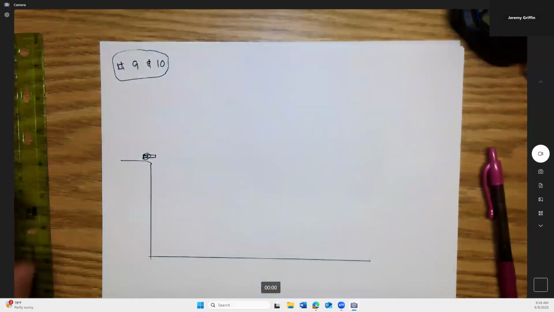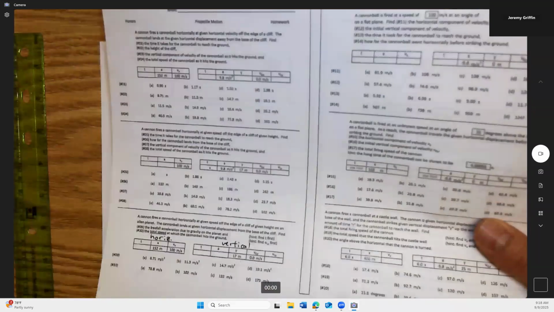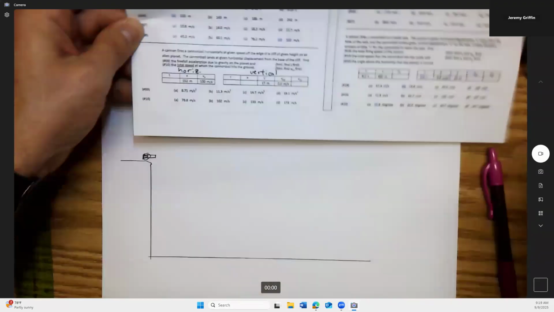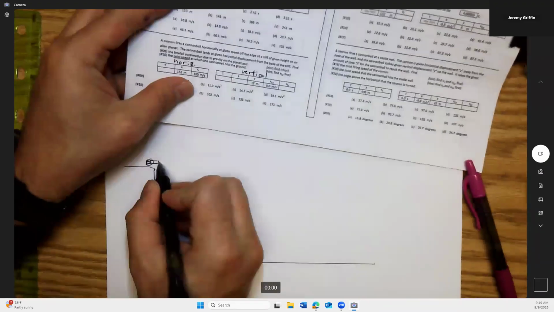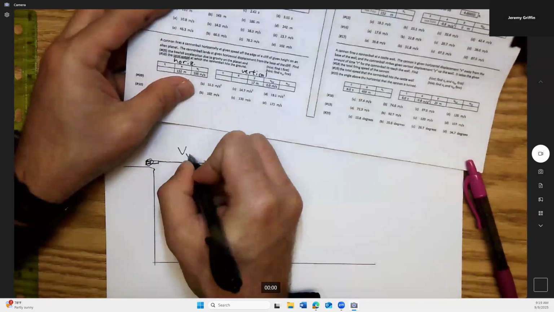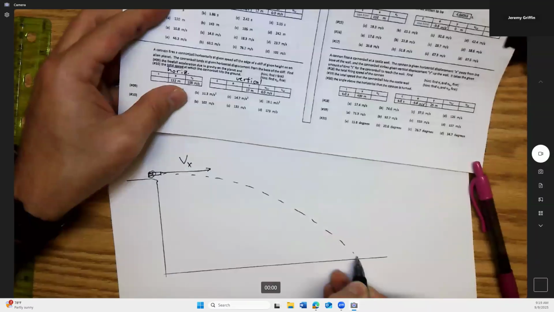Actually, all three scenarios on the left side of the page are a cannon on a cliff aimed horizontally. You draw this out. There's some blast velocity, called speed sub x, and this cannonball lands somewhere there.